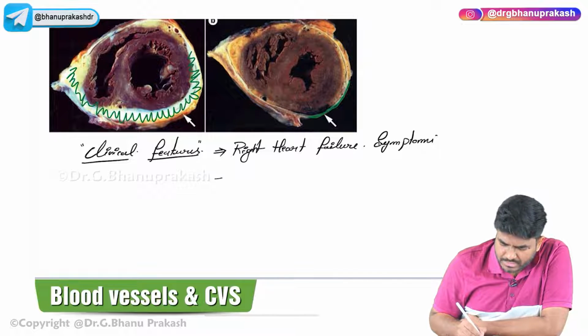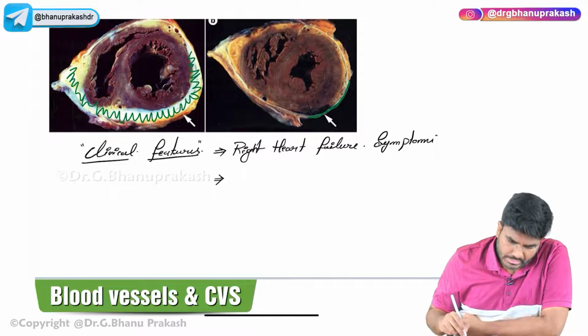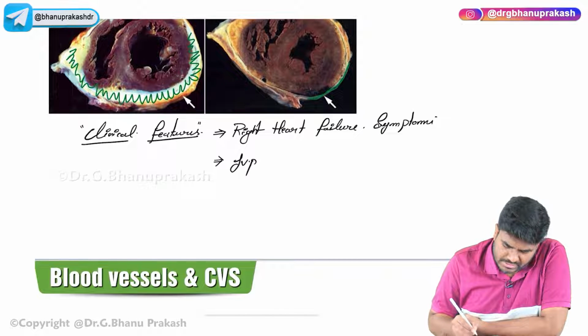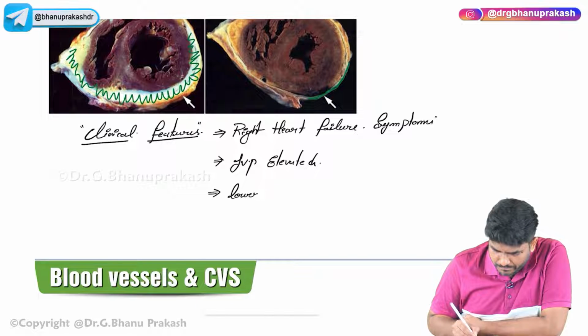Now what are the symptoms of right heart failure? The jugular venous pressure, JVP, is going to be elevated, and lower extremity edema can be seen.